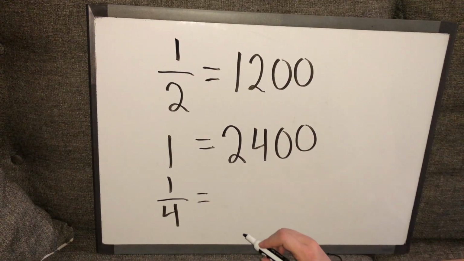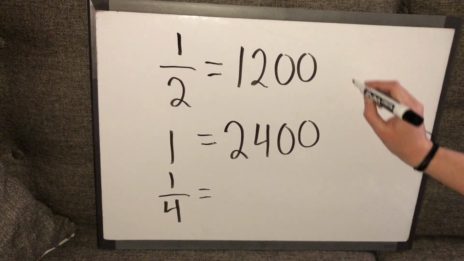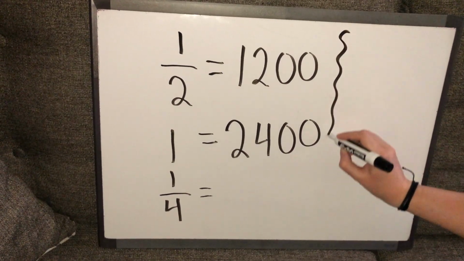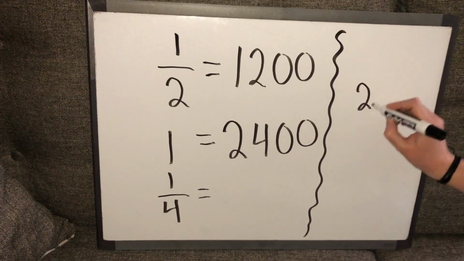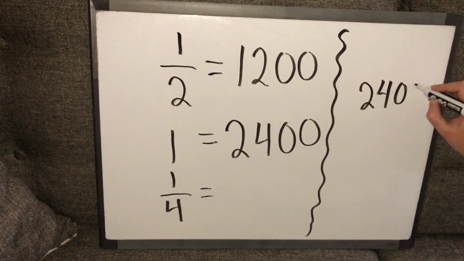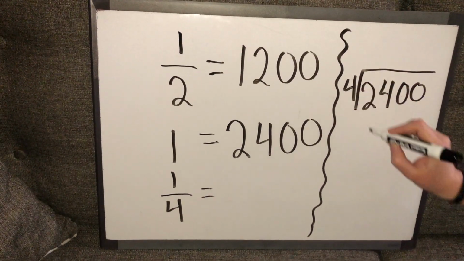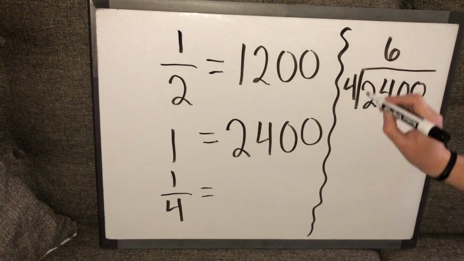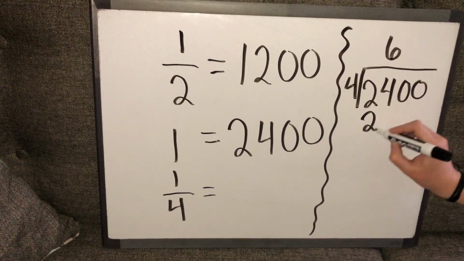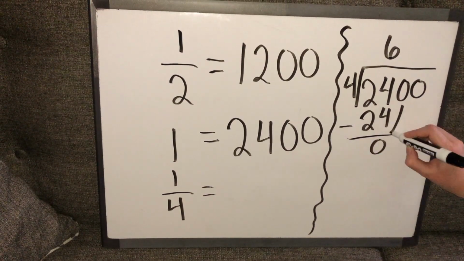What is 1/4 of 2,400? We're going to work this out on this side. 1/4 of 2,400 is the same as 2,400 divided by 4. 4 goes into 24 6 times. 4 times 6 is 24. 24 minus 24 is 0.